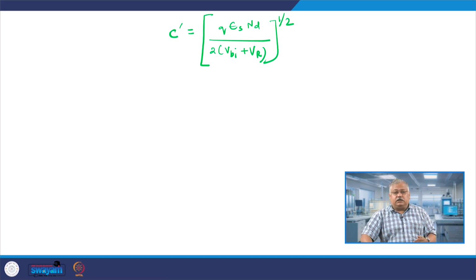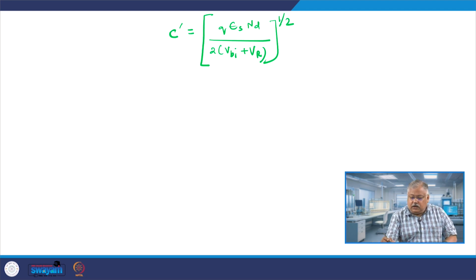From where is the origin of the capacitance? Well, you can see that there is a depletion region, which will be formed by application of a bias. This depletion region will separate charge carriers from each other, and therefore, we say this is a capacitance per unit area sort of concept, right. C prime is Q times epsilon S Nd upon 2 times V built in plus Vr.